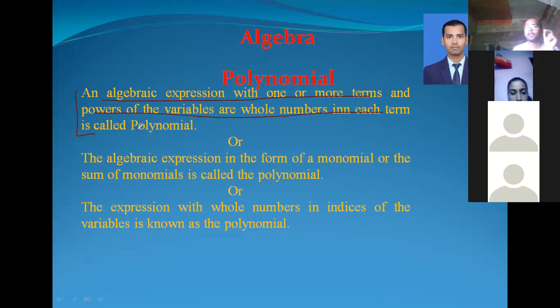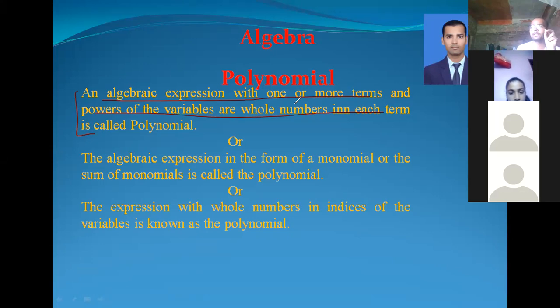That means those expressions which are formed of one or more than one term, where in each term the power of each variable is a whole number, are known as polynomial.